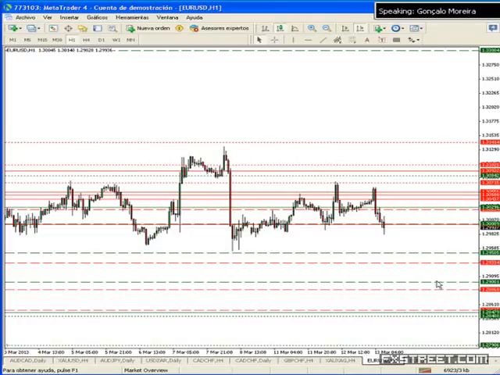We can see some other areas of interest for those sell orders entered here. We see take profit areas here below.